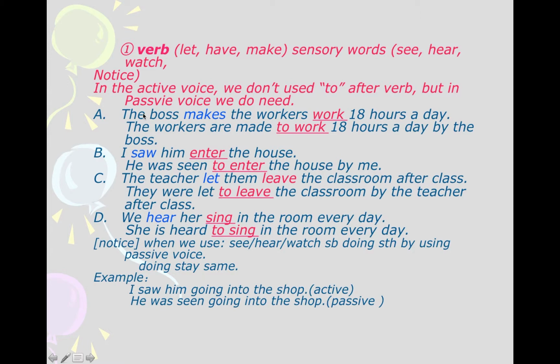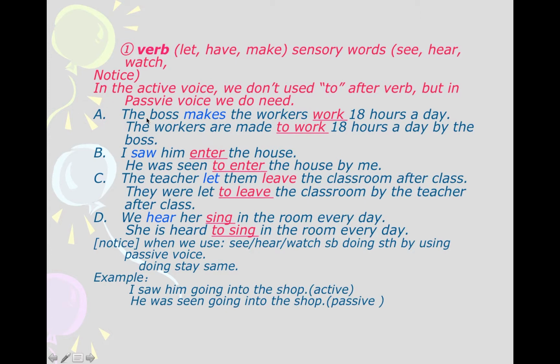So this sentence is wrong as we read, the boss make the, no. In the active voice, we don't use "to" after the verb, but in passive voice we do need it.